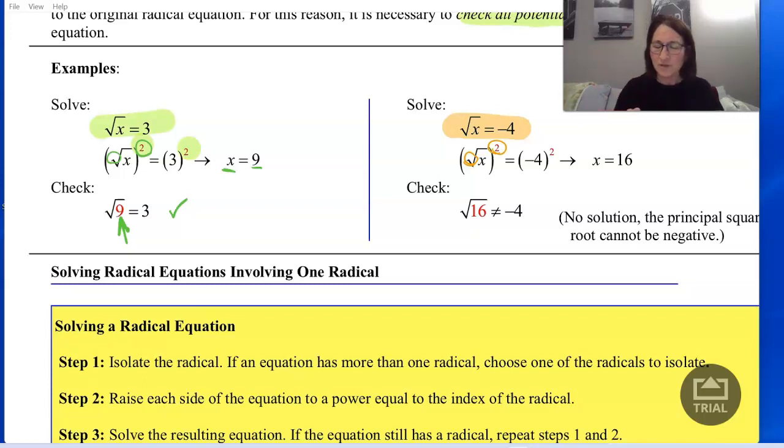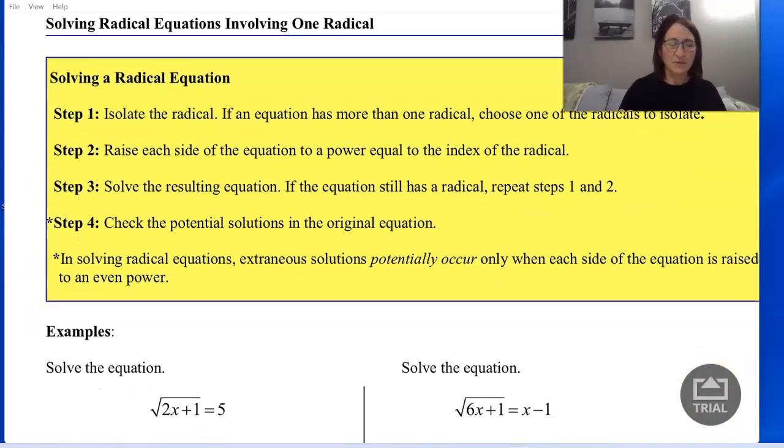Then x is equal to -4 squared, which is -4 times -4, giving us a positive 16. Mathematically, it doesn't appear as if we've done anything wrong, but when I plug 16 in for my original x, the square root of 16 does not equal -4. Consequently, there is no solution. That's why we need to check.